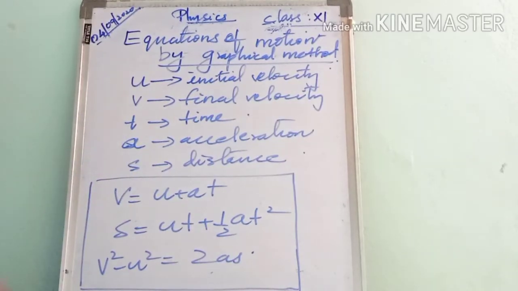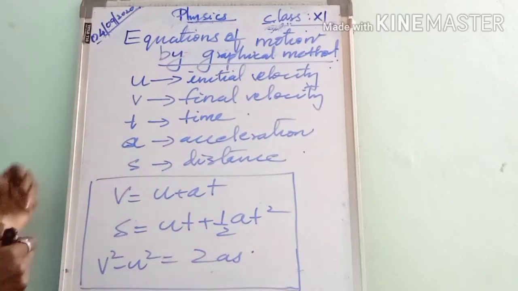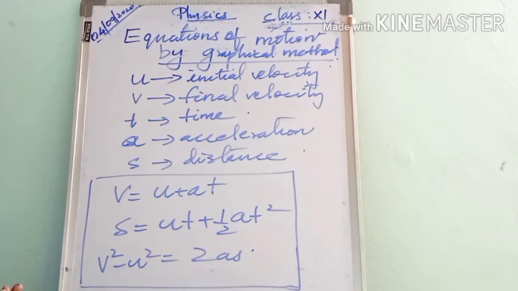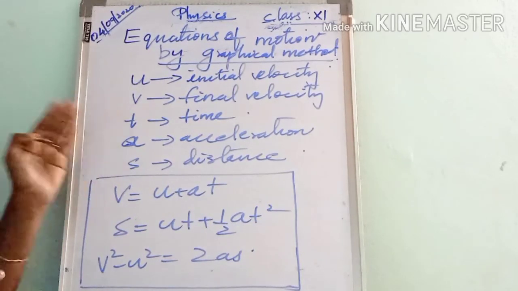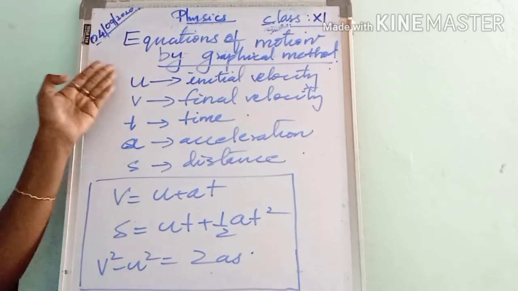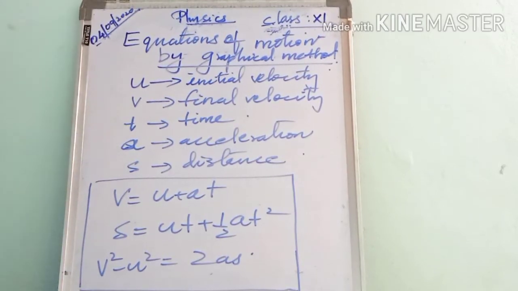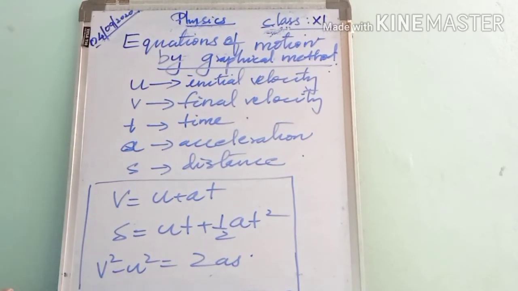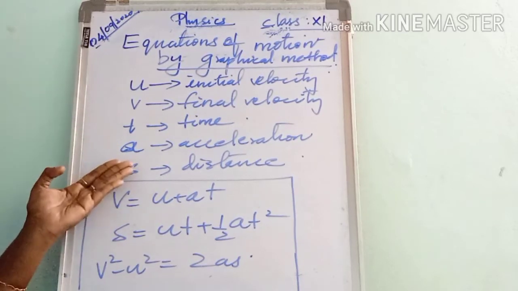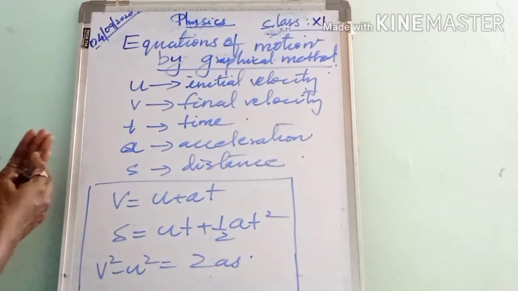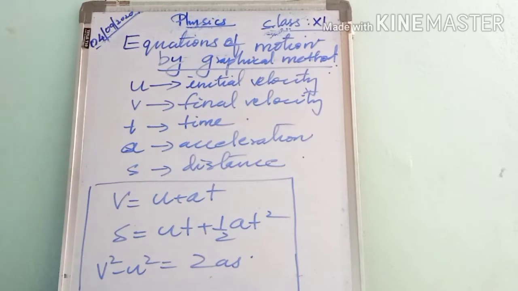Then we can relate the initial velocity u, the final velocity v, the time interval t, the acceleration a, and the distance travelled s by a set of three equations, and these are known as equations of motion.